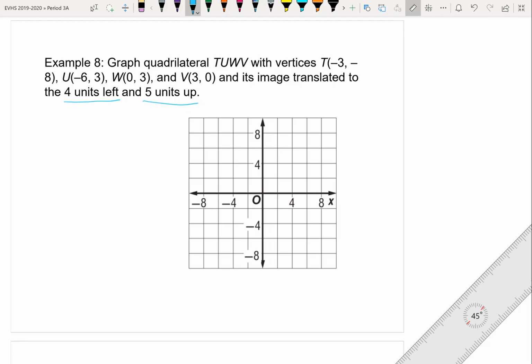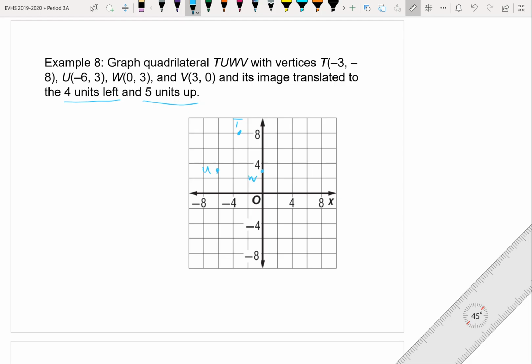T is (-3, -8), and I also noticed that these are going by 2s. W is (0, 3).